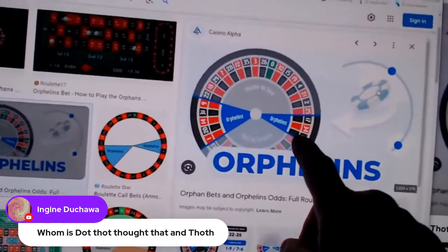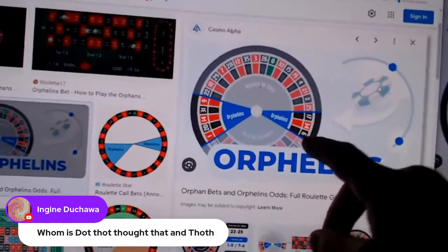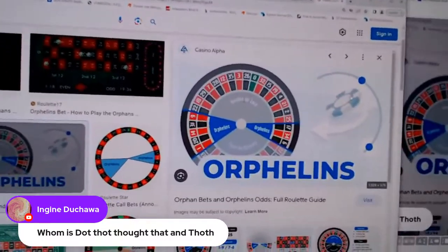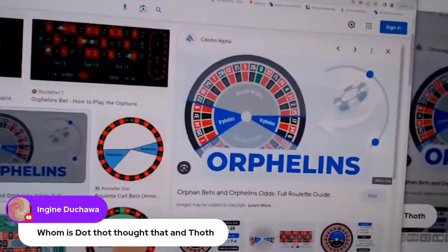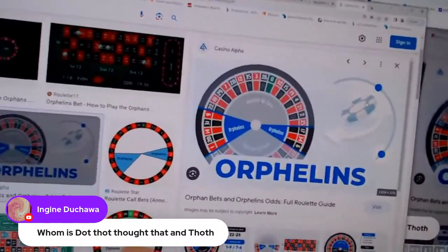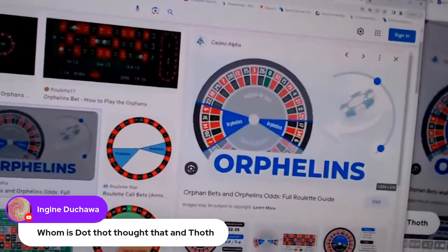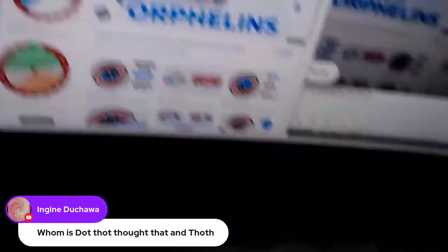Here I get a total of 57. Divide 57 by 3 is 19. 19 times 3 equals 57. 75 is 25 times 3 equals 75.